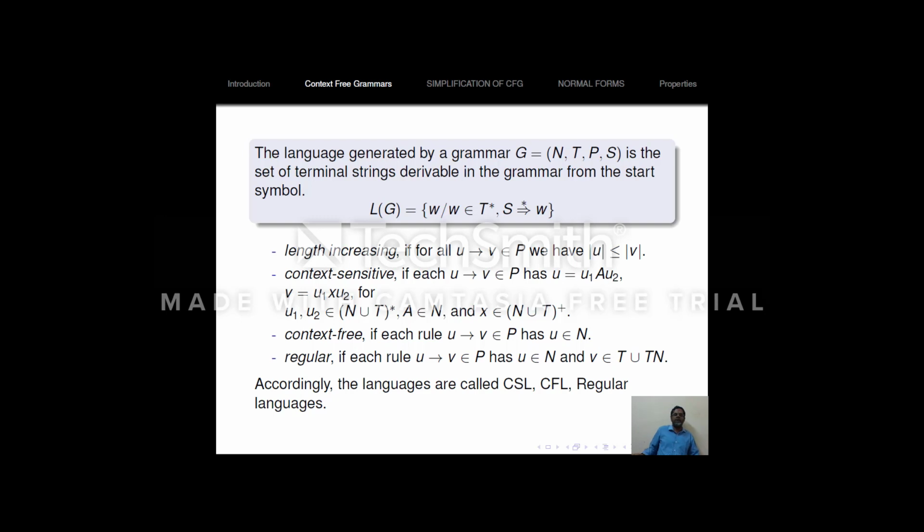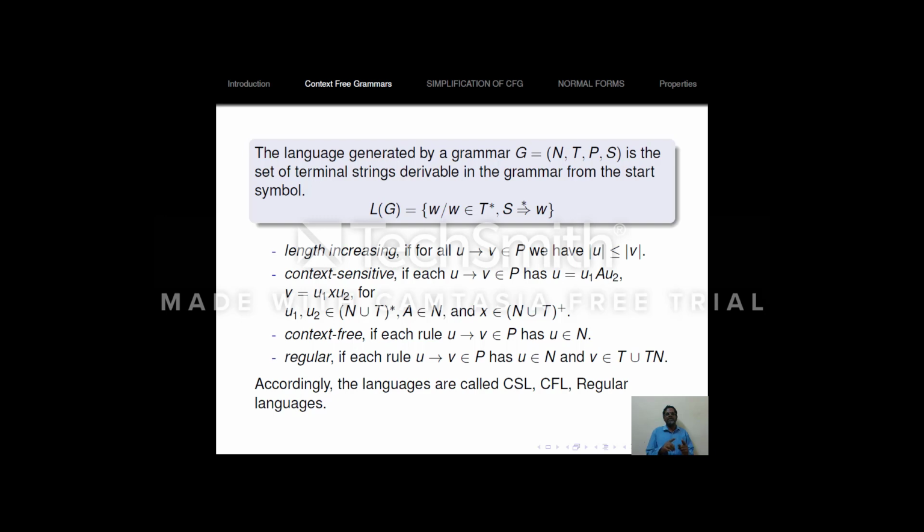And A is a non-terminal, and X is an element of N union T whole plus. So in what sense do we call this context sensitive? We have U1 A U2 on the left hand side, and on the right hand side we have U1 X U2. The only condition here is that there should be at least one non-terminal on the left hand side, which is ensured by the presence of A. The U1 which appears on the left appears on the right also, and U2 which appears on the left appears on the right also.